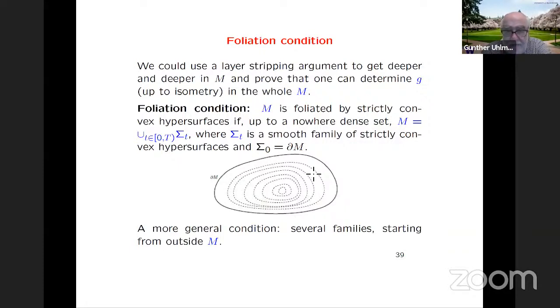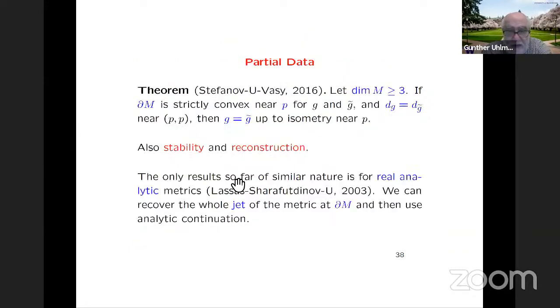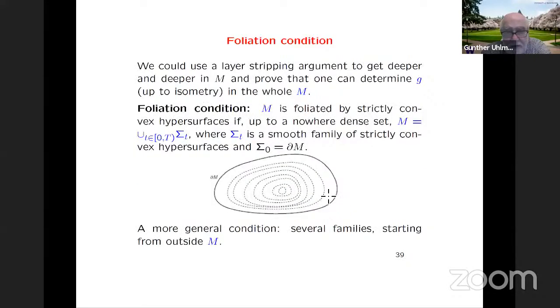And then if you have that this is foliated by strictly convex surfaces, there is a point which is strictly convex and we can keep marching. And then there is another point and so on, up to a nowhere dense set, but that doesn't matter for the reconstruction.